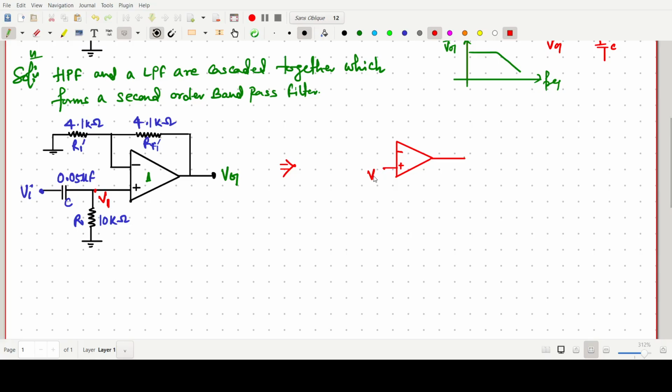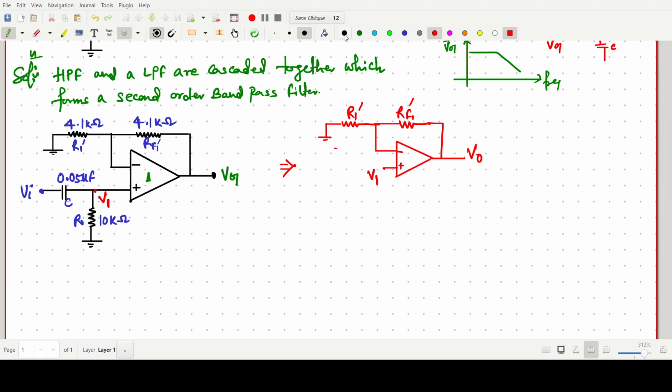I am saying this voltage is our V1, this one is R1 dash and RF1 dash, and this one is our V naught.